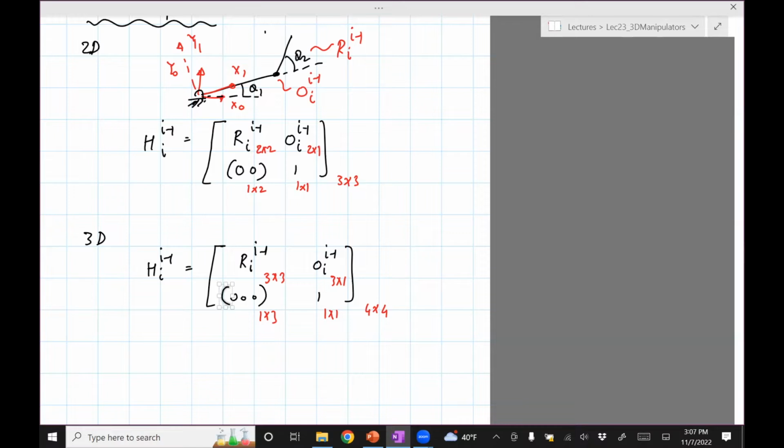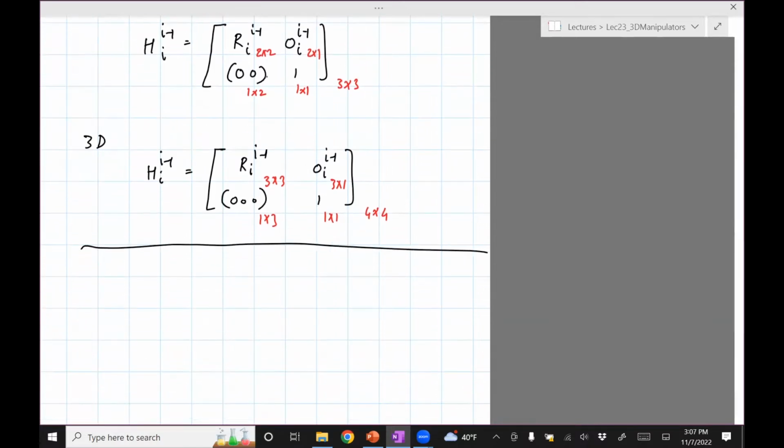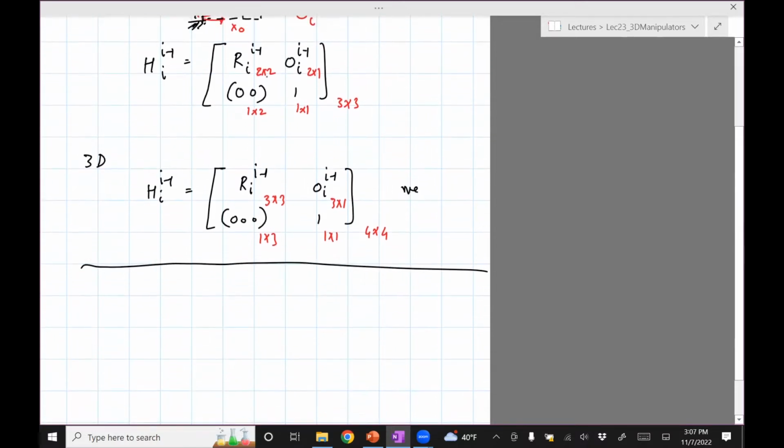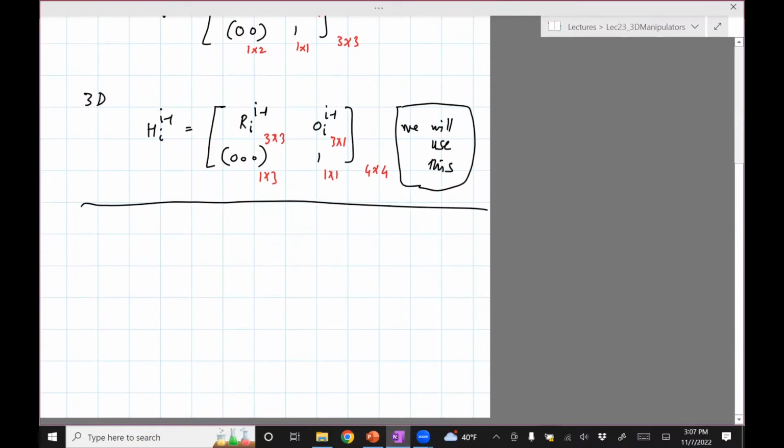Okay, so before we use this, just hold on to that. Let's talk a little bit about the manipulators we'll look at. We've seen manipulators like this in the course. And then there are other types of manipulators which look like this.